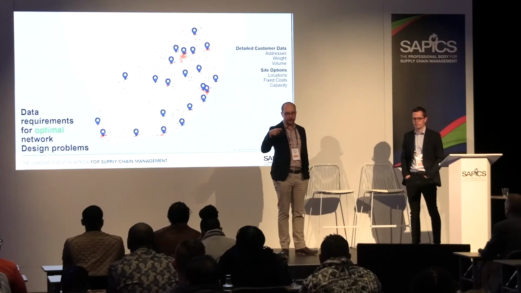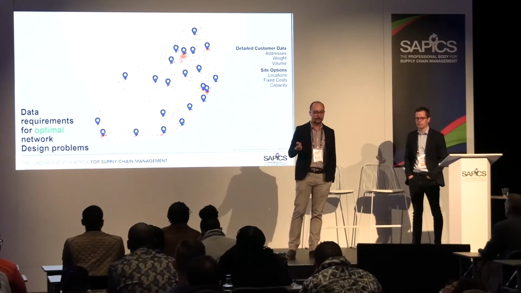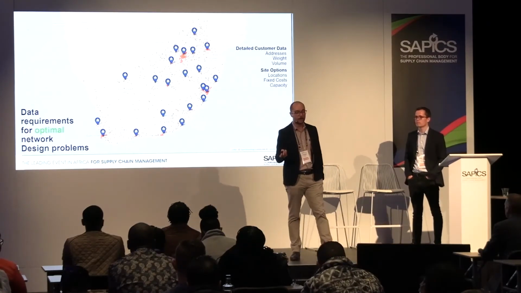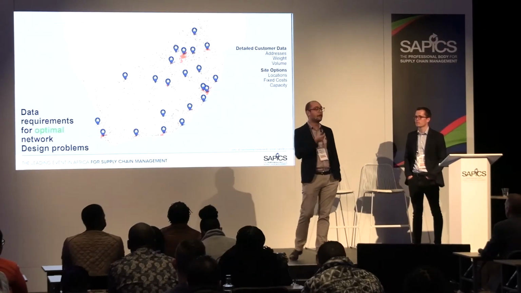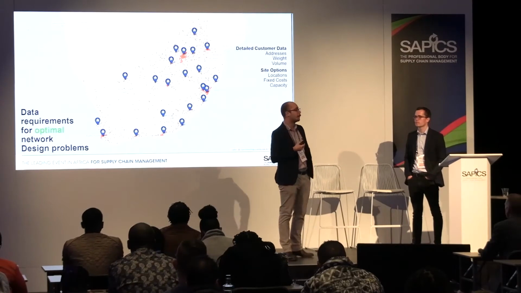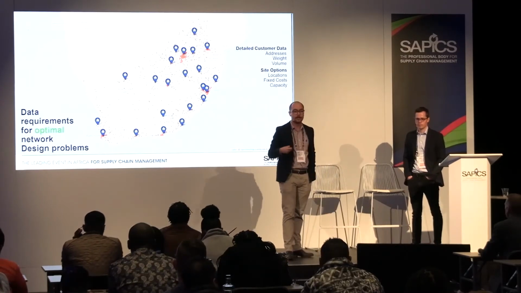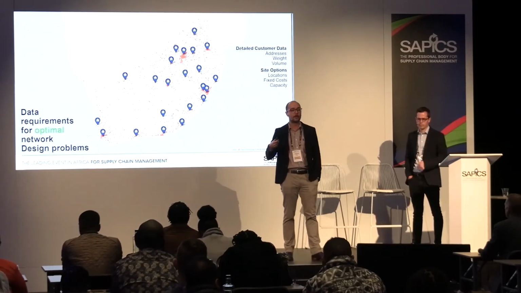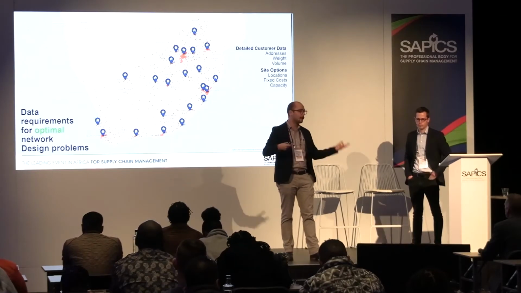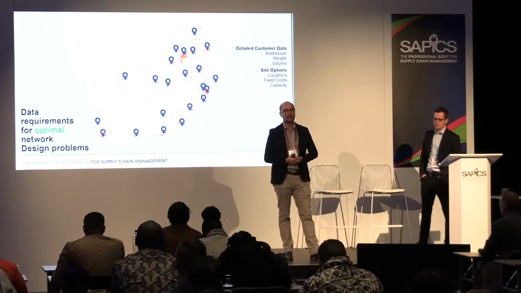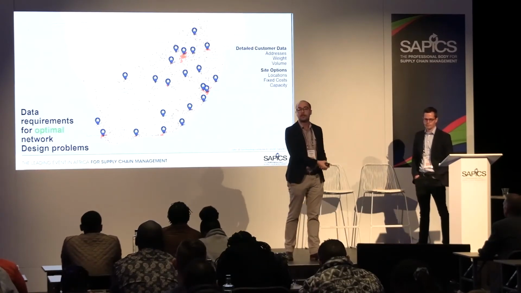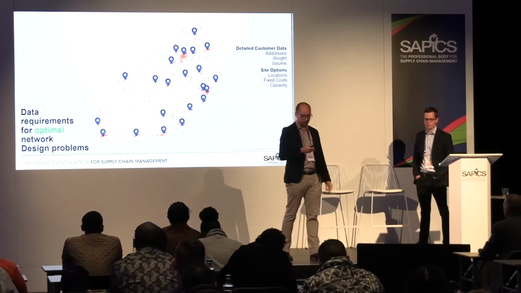For each one of these options, you need to understand what the location is, what the fixed costs are, what the capacities are at those particular locations, bearing in mind that these locations might be spread across different countries. So you have different regulatory frameworks for each option, different labor laws, for instance, and it becomes quite tricky to gather all of that data in order to input this into your discrete optimization model.